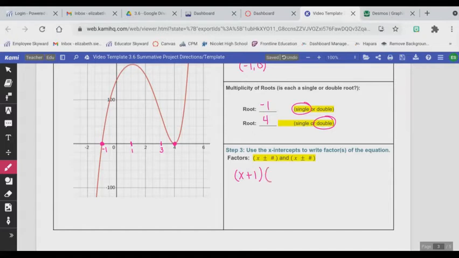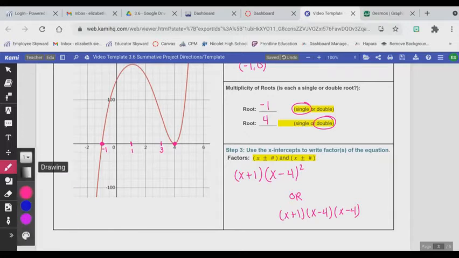And then I have 4 as a root, so x minus 4 would be a factor. This is a double, so it's going to have an exponent of 2. Or you could always write it as x plus 1 times x minus 4 times x minus 4. So you get that visual of that root of 4 being counted twice within this problem.